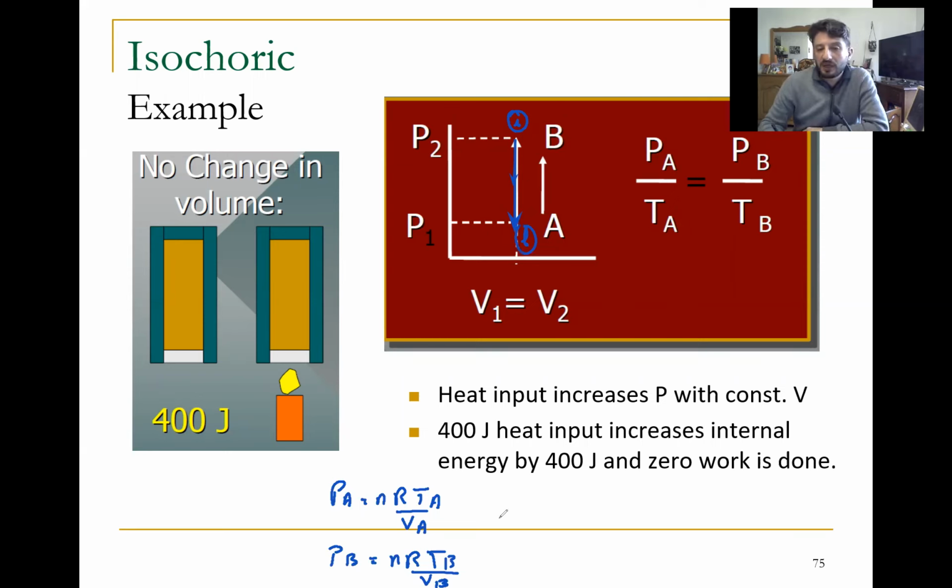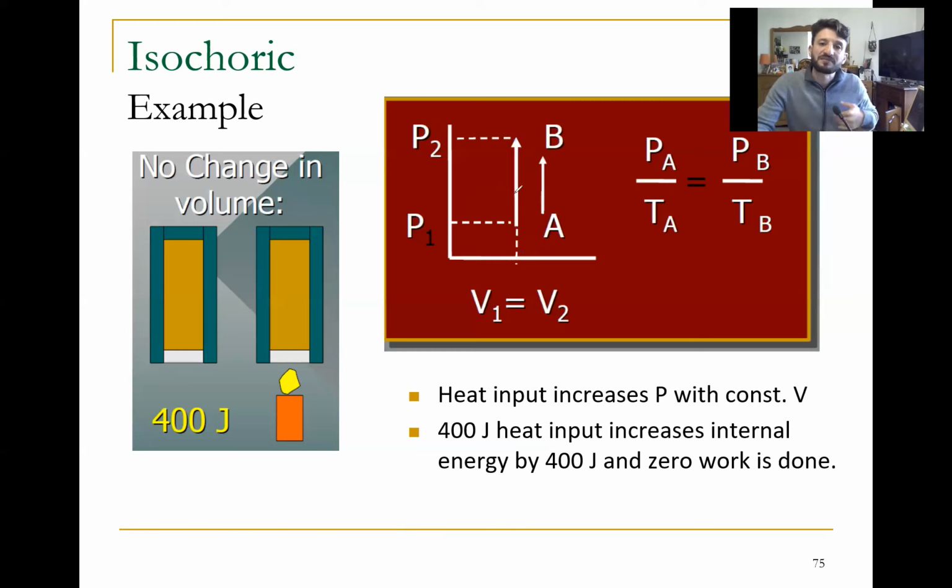You know, here PA is less than PB. How can we decrease P? By releasing a quantity of heat. So from B to A, we have Q cold. Q is negative. So to decrease the pressure at a constant V, we release Q. To increase the pressure at a constant V, we have Q hot.